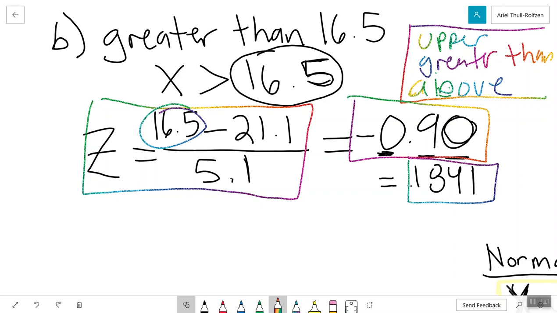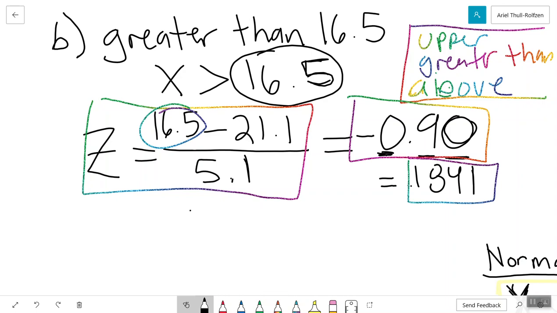But now we're going to have to say that the rule for probabilities is that I can subtract one probability from one and get the opposite probability. So when I say that the z-table isn't set up to find anything above, that doesn't mean we can't find anything below and subtract it from 1.